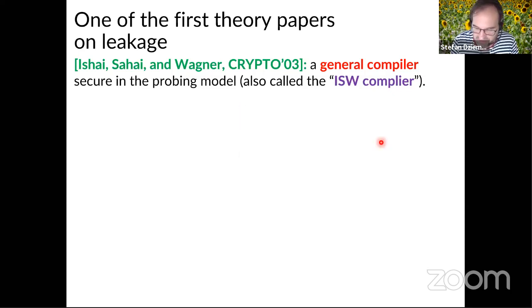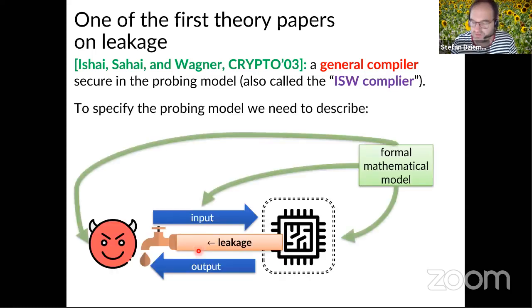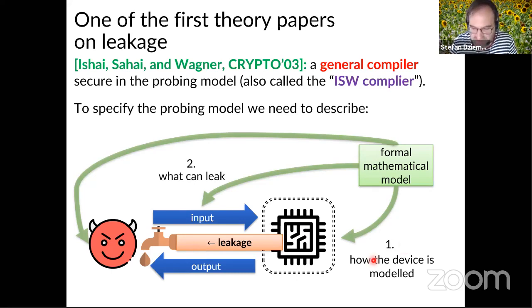And I'm going to tell you in a moment what the probing model is. As I said, you need to specify these three things, right? So you need to specify how the device is modeled, what can leak, and what is the goal of the adversary.